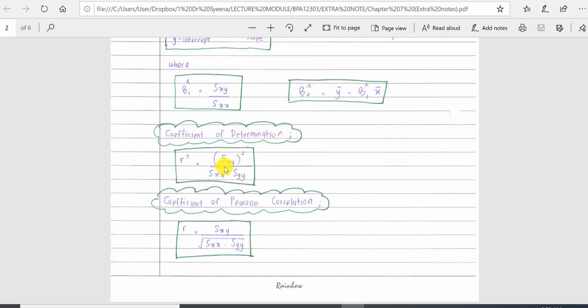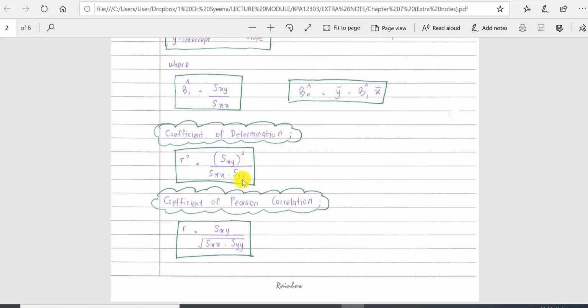We already have the value of Sxy, then we must square, then we have the Sxx. We already calculated it, but we don't have the value of Syy. It goes the same to the r. We already have the value of Sxy and Sxx, but we don't have the value of Syy.